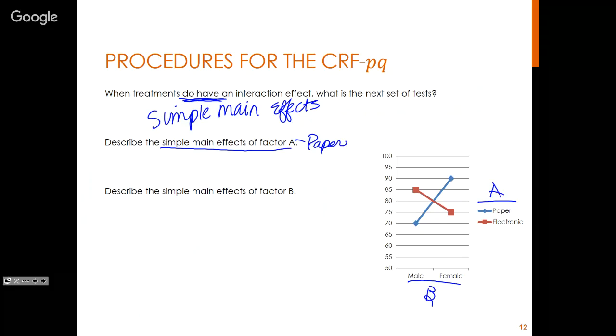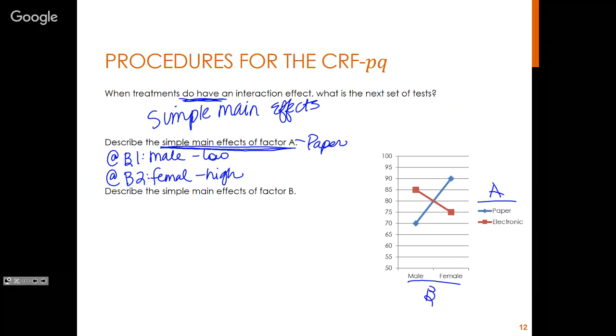Okay, so when we talk about the simple main effect of A, we have to say at B1, or male, and then at B2, female. So for males, the paper was low, and for females, it was high.